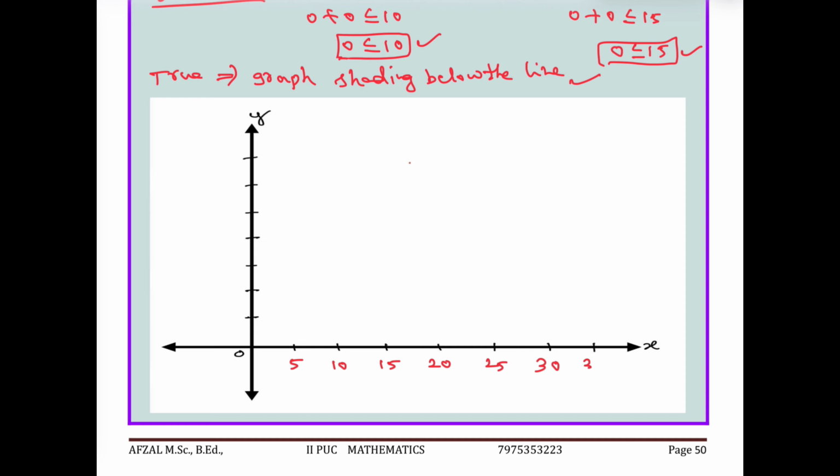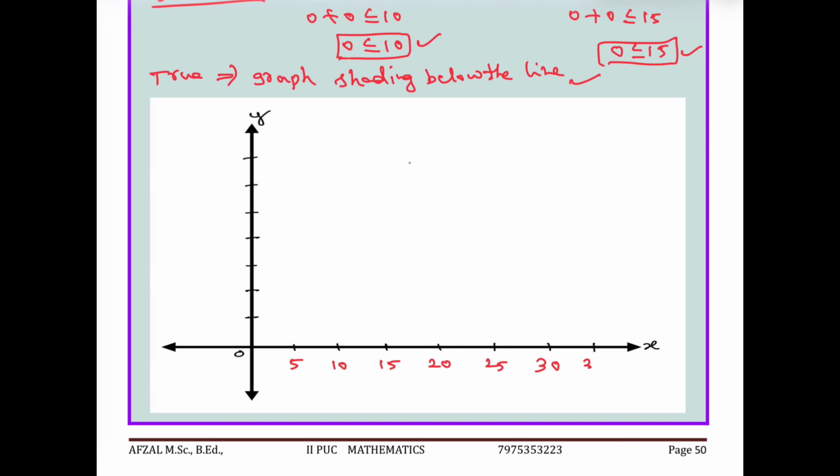Next, A minus A transpose. A is [1 5; minus 1 2], minus A transpose, which is [1 minus 1; 5 2]. If we subtract those two: 1 minus 1 is 0, 5 plus 1 is 6, minus 1 minus 5 is minus 6, 2 minus 2 is 0.